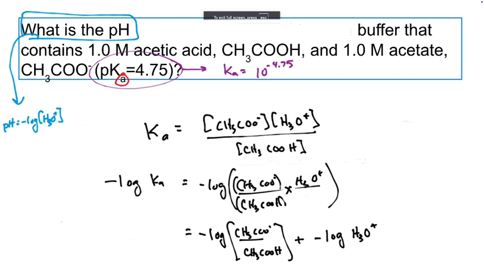What were we solving for? pH. What is pH? Negative log of the H3O plus. What do I have written out there? What is that? The negative log of the H3O plus, which means?